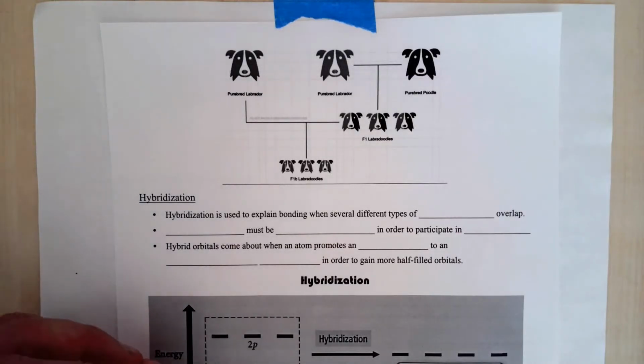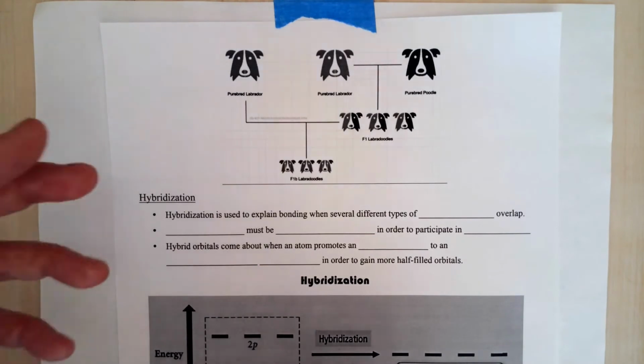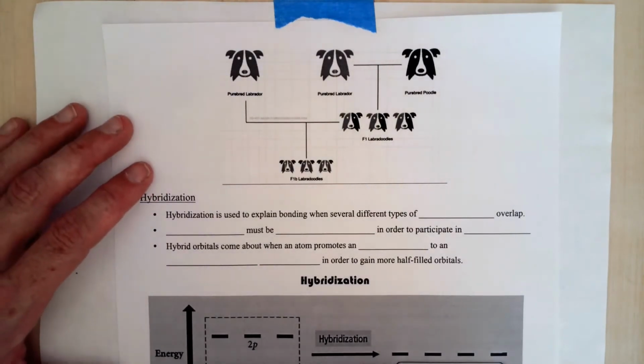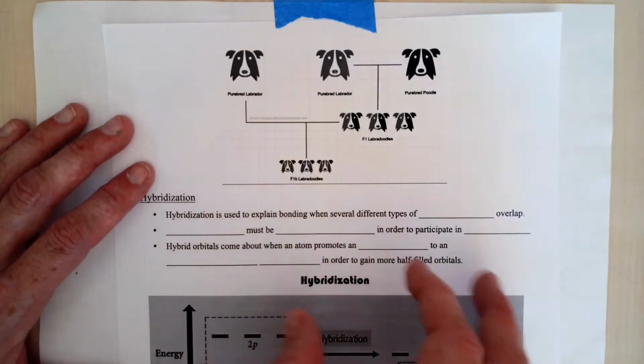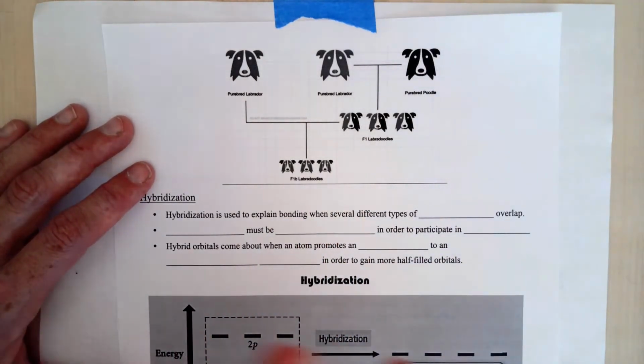The idea that we're going to study the hybridization of orbitals may be a little bit intimidating. So this image up here is to remind you that a hybrid orbital, the definition is the same as other hybrid situations.